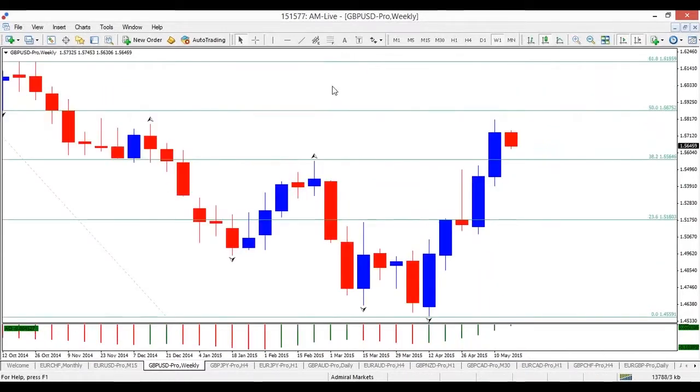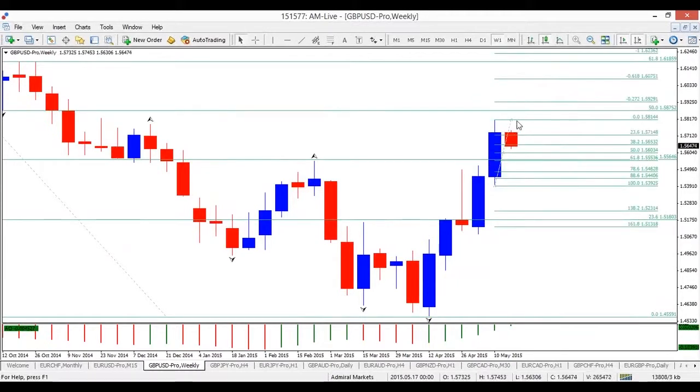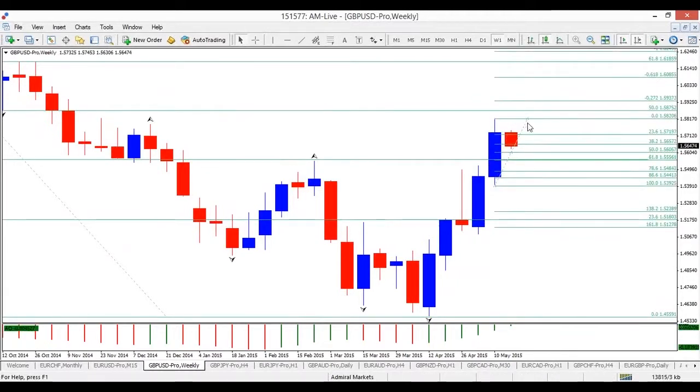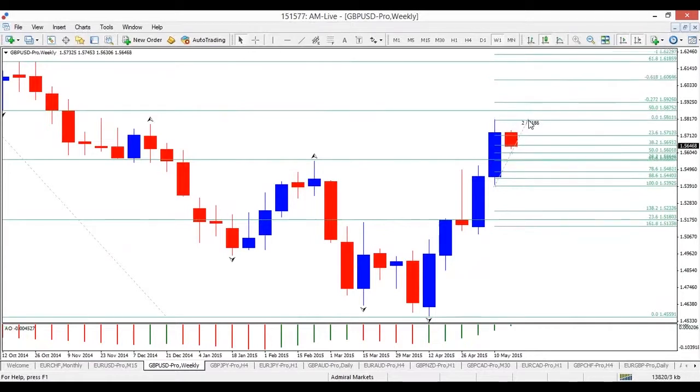Perhaps it was the weekly candle. Let's see. Yeah, 78.6 fib and 61.8 fib.